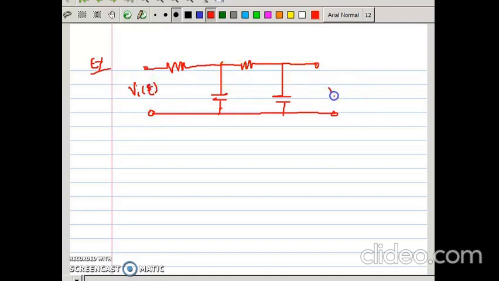Okay, this is the given. There are two resistances, that's why R1 and R2, and two capacitors C1 and C2, right? They told us to find the transfer function. Okay, now see what to do.